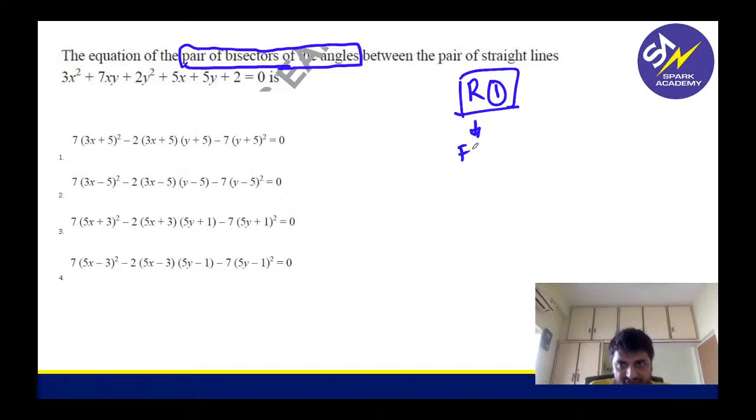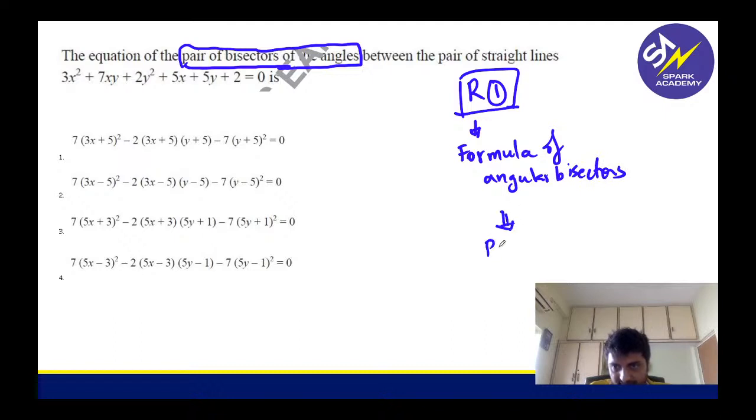Just use the formula of angular bisectors discussed in the pair of straight lines video. I told you for all the cases, so it's very easy, straightforward.